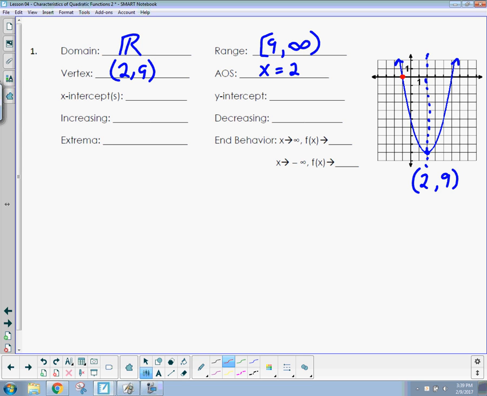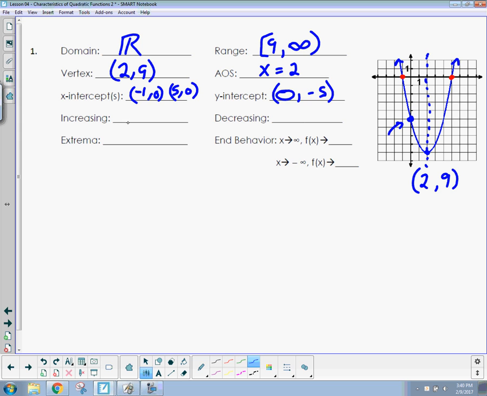That would be (-1, 0) and 1, 2, 3, 4, 5, so (5, 0). Y-intercept, where it crosses the y-axis. That is 1, 2, 3, 4, 5, so -5. Well, that needs to be 0 because that's x. So (0, -5).